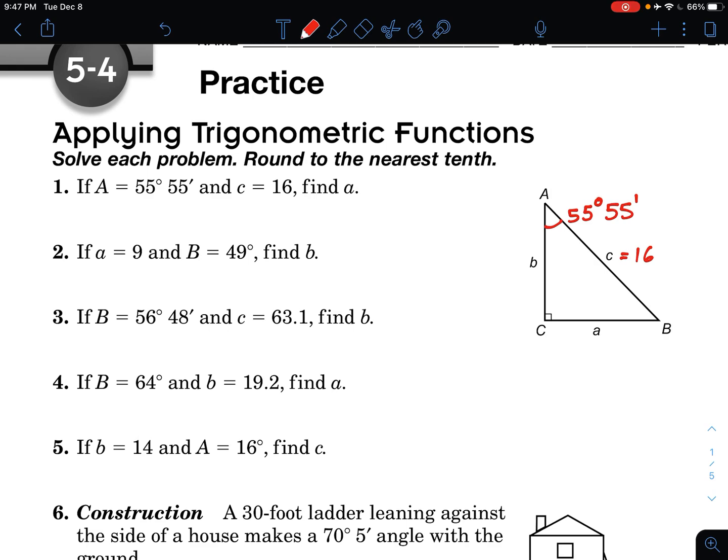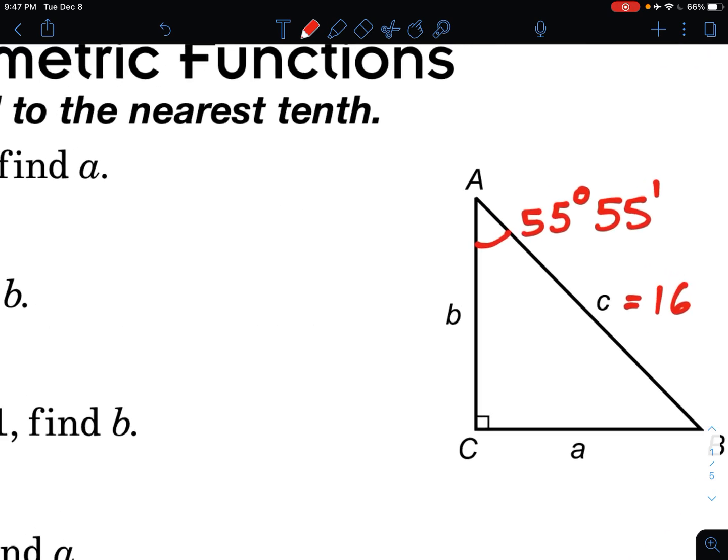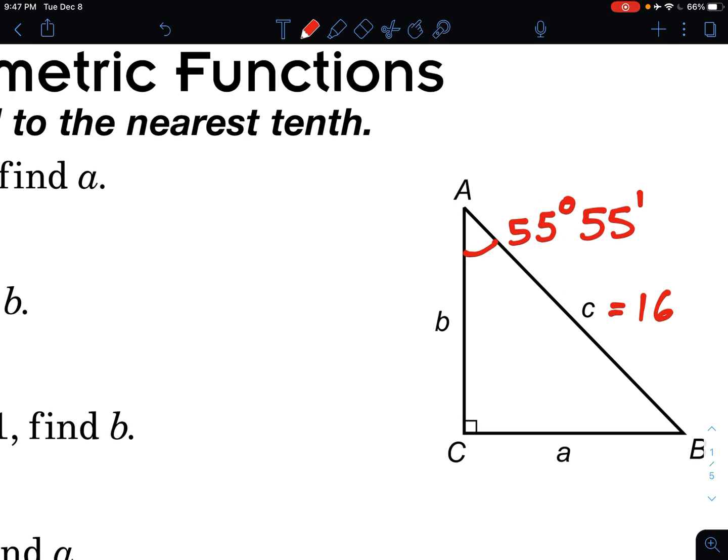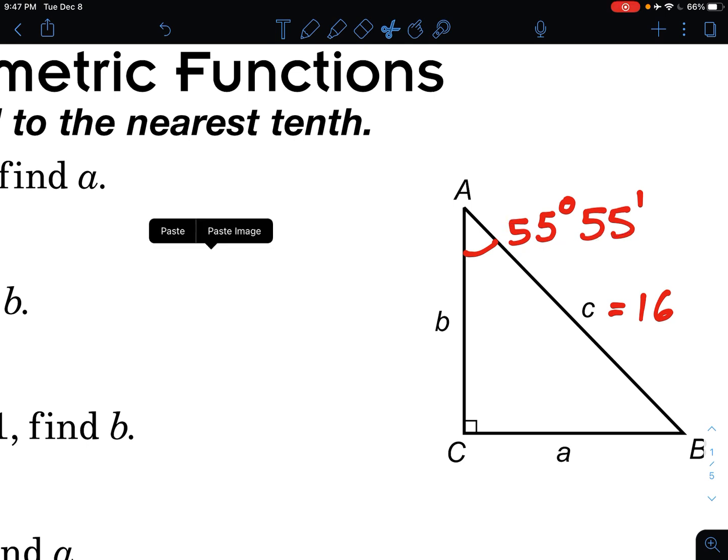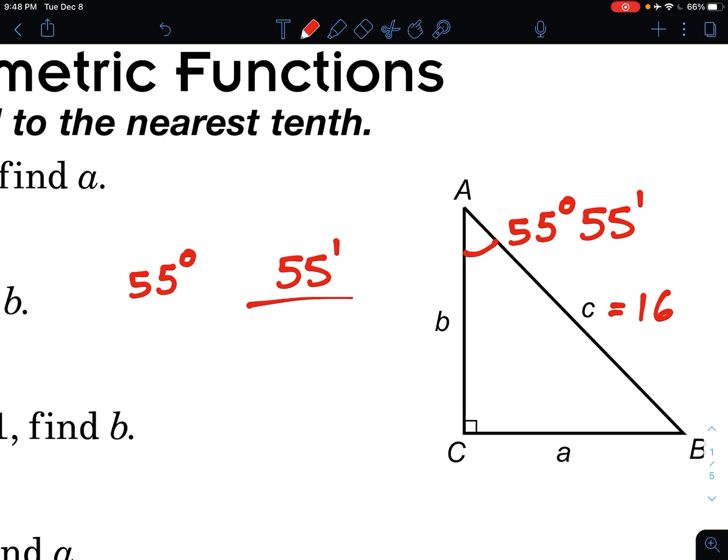Alright, so let's change 55 degrees and 55 minutes into just degrees. The way you're going to do that is divide 55 minutes by 60. So take this 55 here. How many minutes are in a degree? 60.